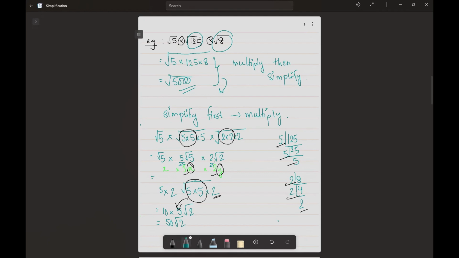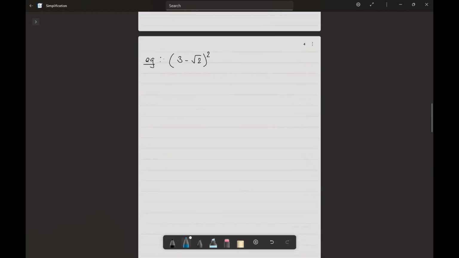With this, let's move to the next sum, which is looking something like this. Now for this one, see we have 3 minus root 2 whole square. This one resembles the formula in algebra which we have learned as a minus b whole square in our early days.